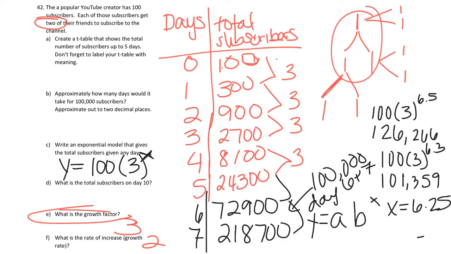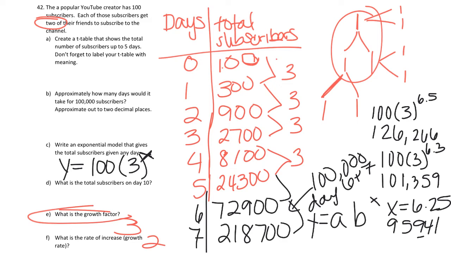6.25 is 95,941. So let's try 6.27 maybe. 98,000.